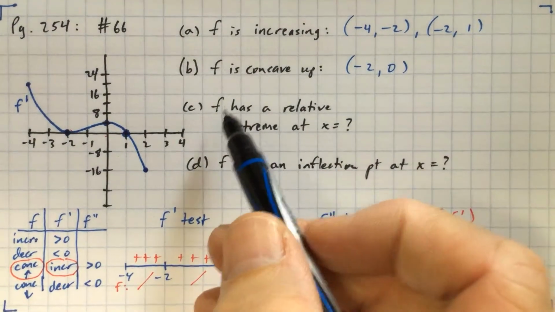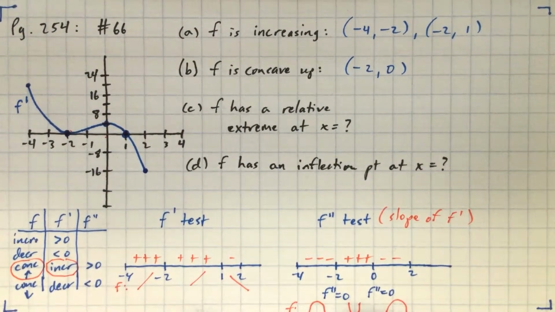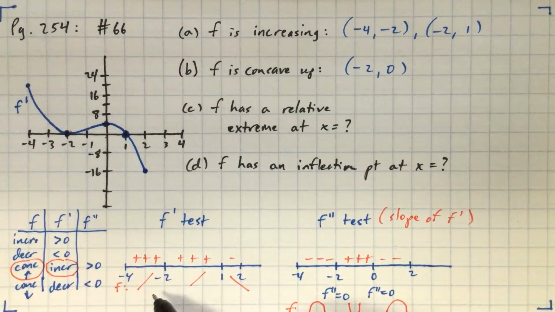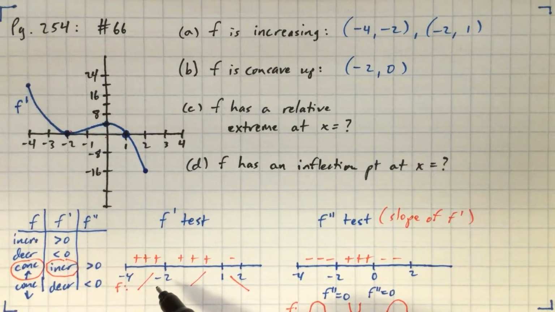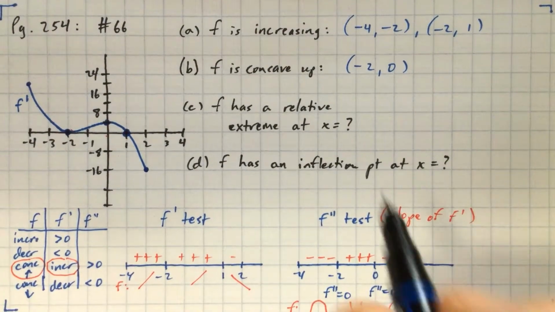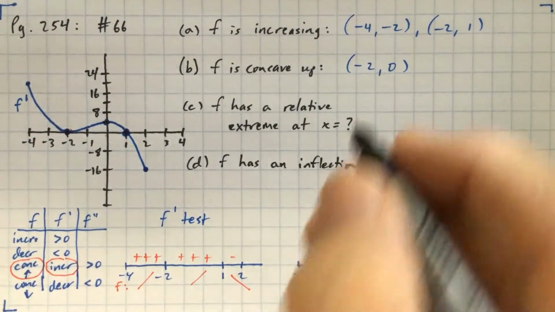And then, where does f have a relative extreme value? We're answering questions on the interval from -4 to 2. So f has an extreme value when x is equal to negative 4.